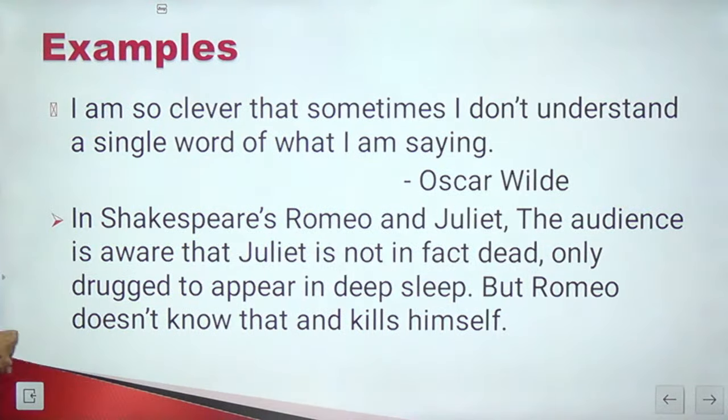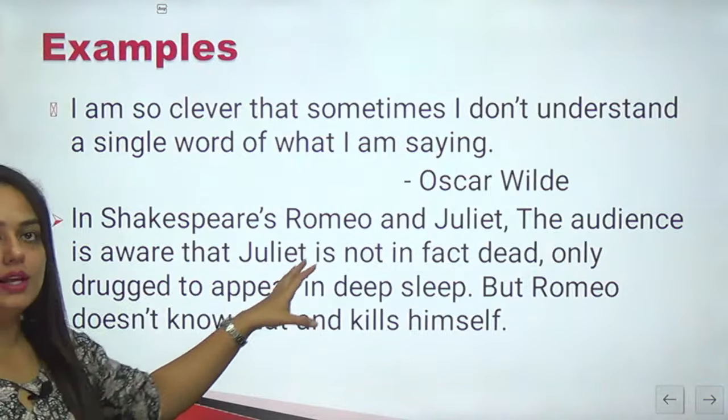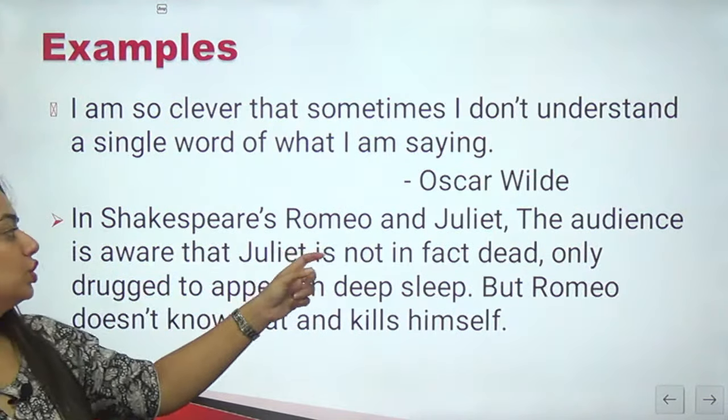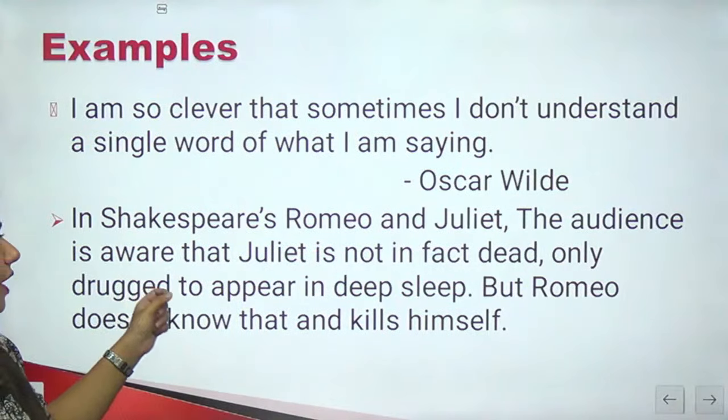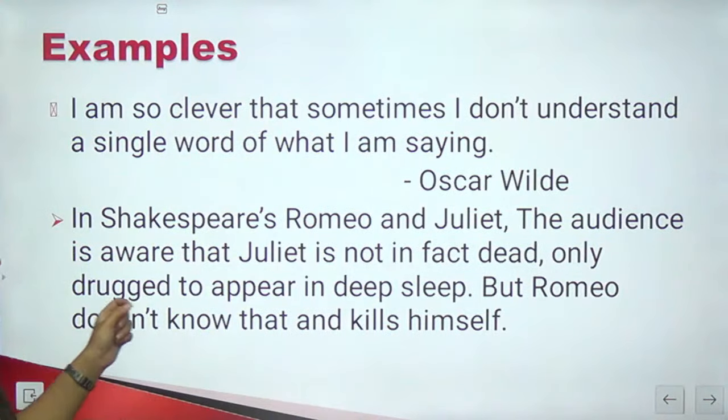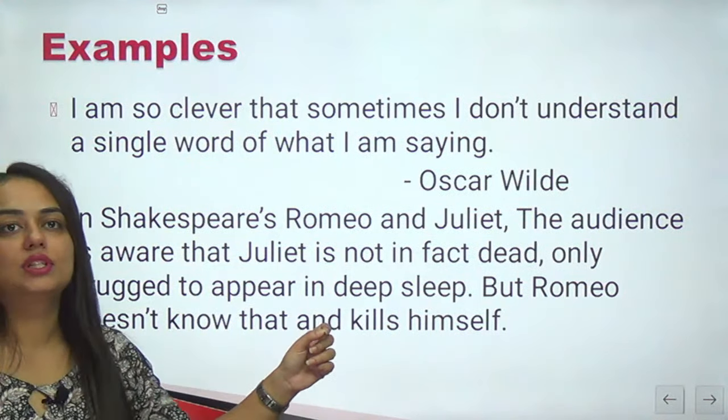Next example is, in Shakespeare's Romeo and Juliet, the audience is aware. Now this is an example of dramatic irony. In Shakespeare's Romeo and Juliet, the audience is aware that Juliet is not in fact dead, only drugged to appear in deep sleep.